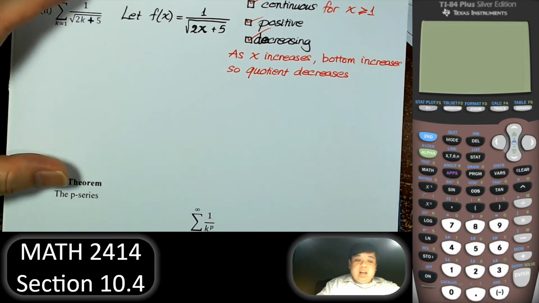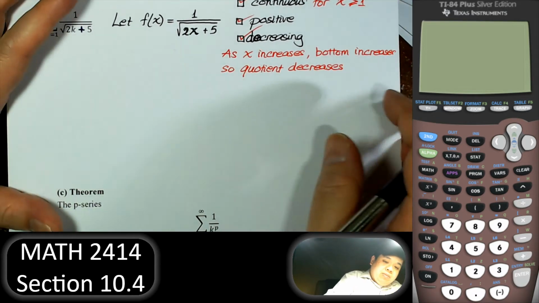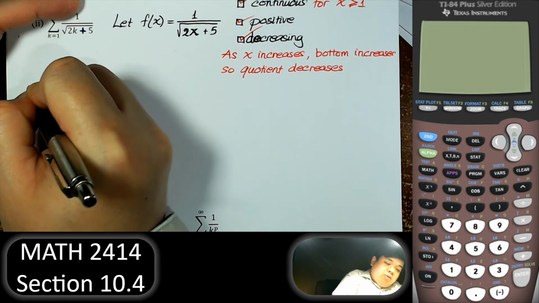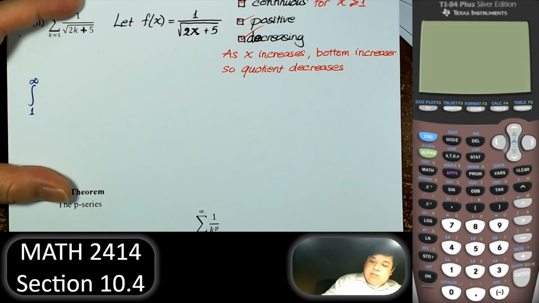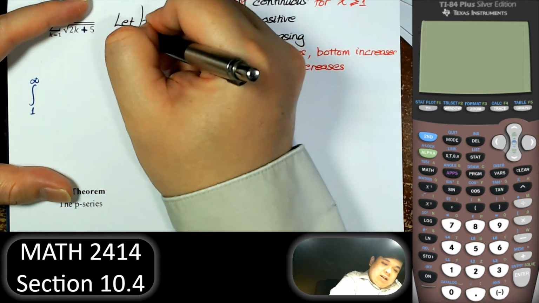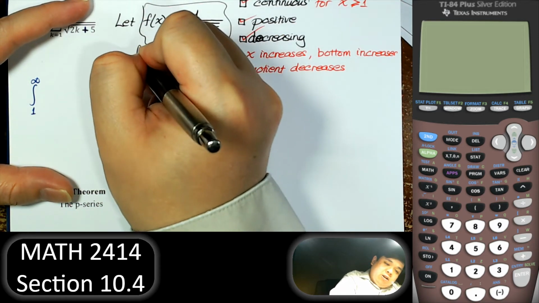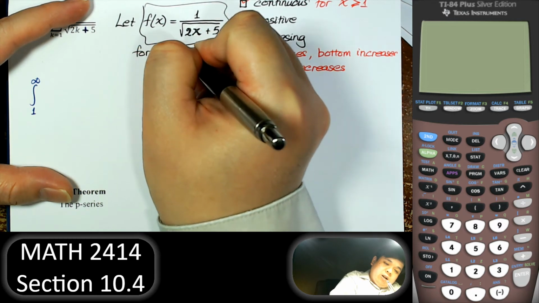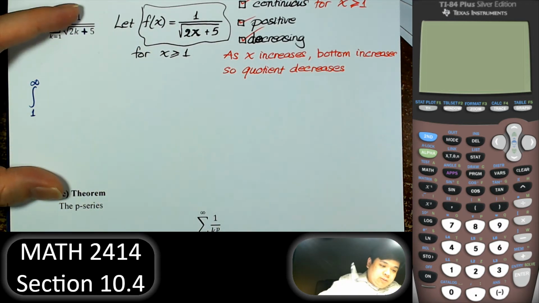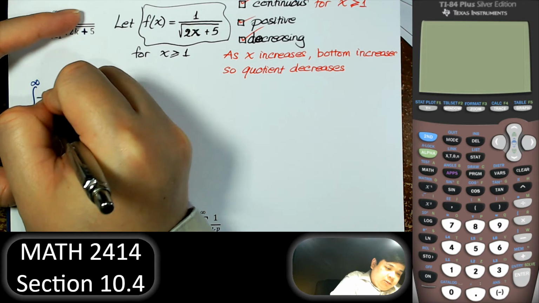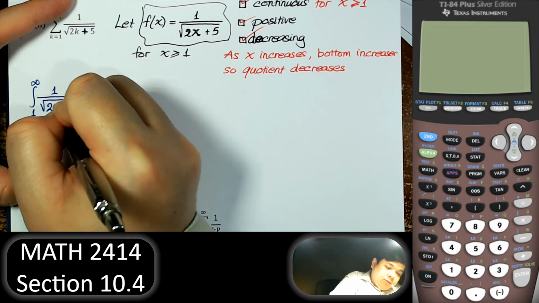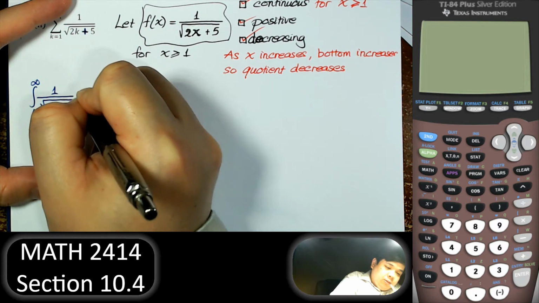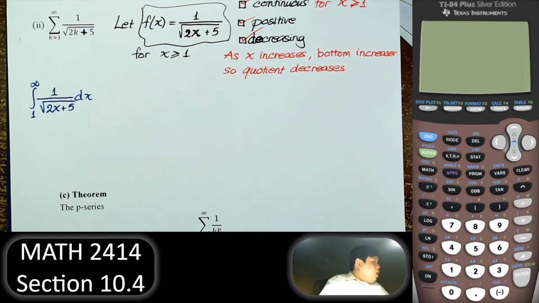So now we will check the limit and see what happened for the series. What happened for the integral? That goes from 1 to infinity. So let that be a function for x greater than or equal to 1. Yeah, so we just integrate this.